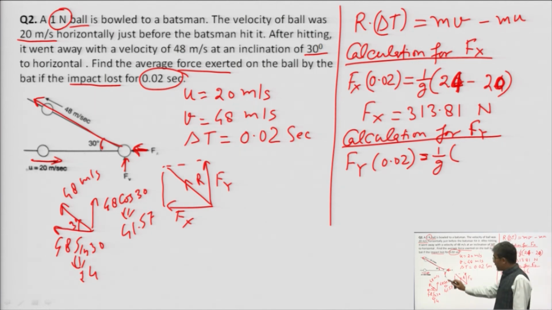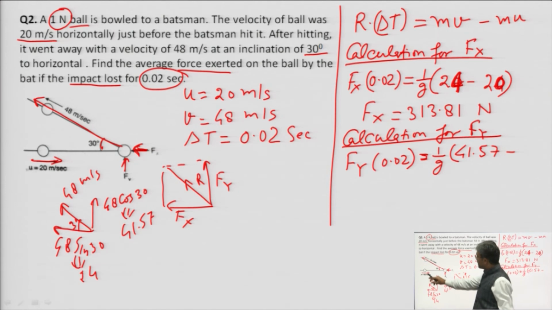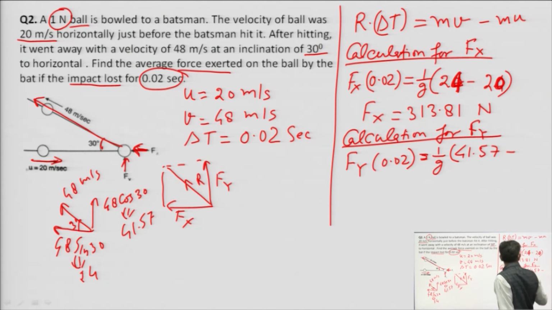So, the vertical component is 41.57, minus the vertical component of this horizontal velocity 20, which is 0.